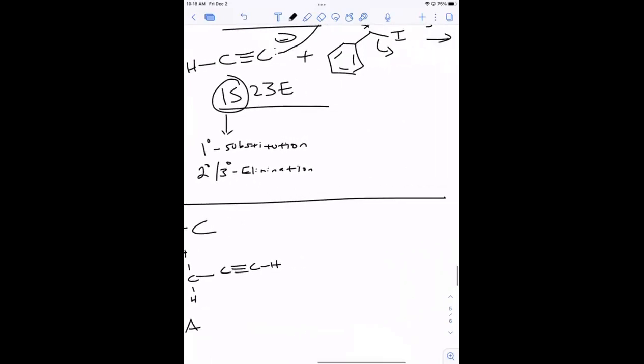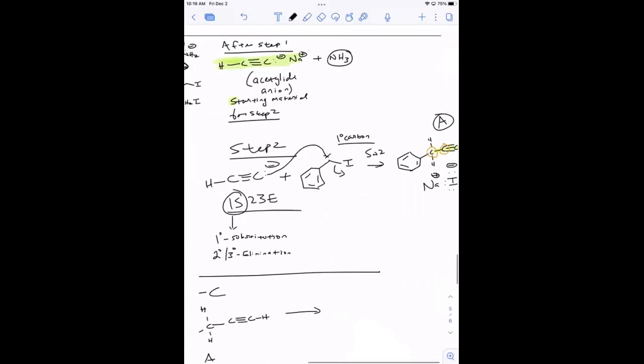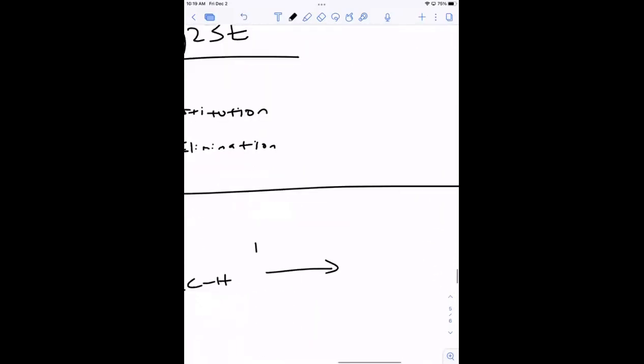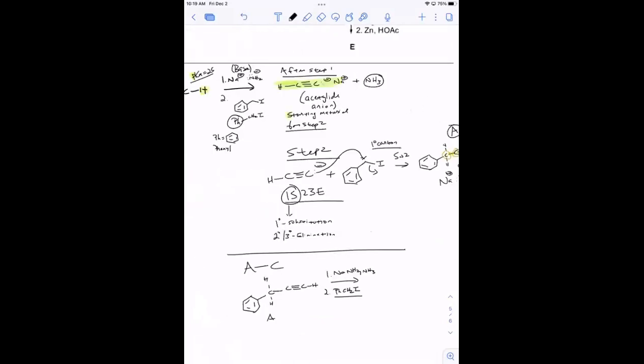And then I'm going to react that with the same set of reagents. Same thing, right? What's the product from that going to be? What do you think? That's the exact same reaction we just did to get to A. Is that right?